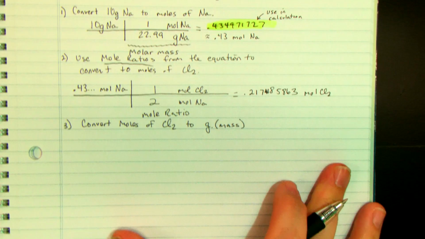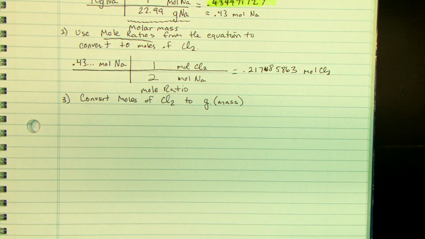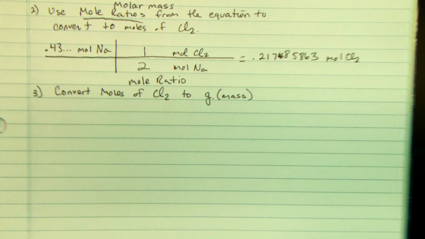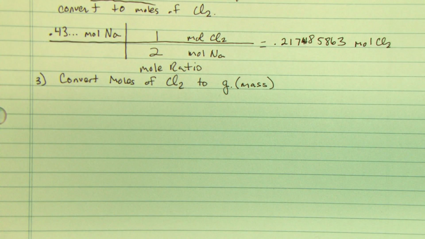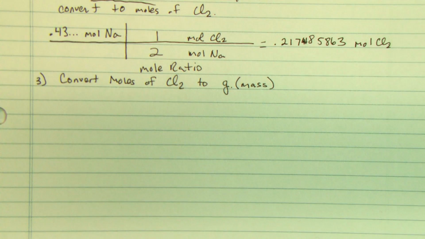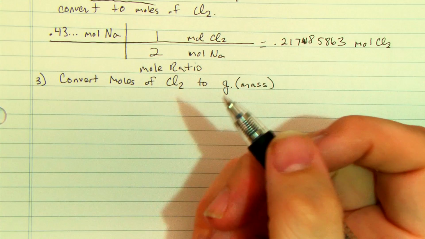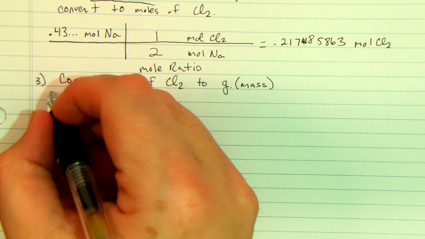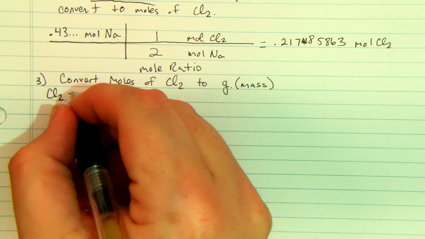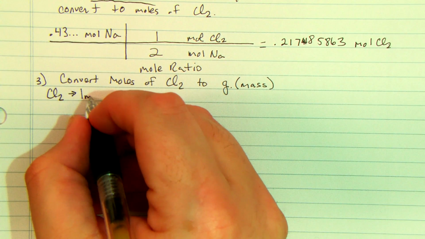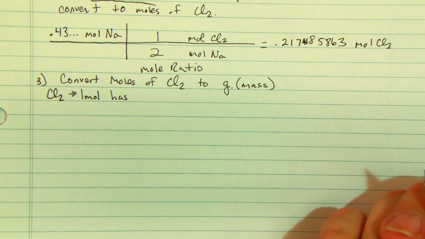Now what we're going to do is convert the moles of chlorine to mass. Now, for Cl2, we have to figure out what the molar mass of Cl2 is.